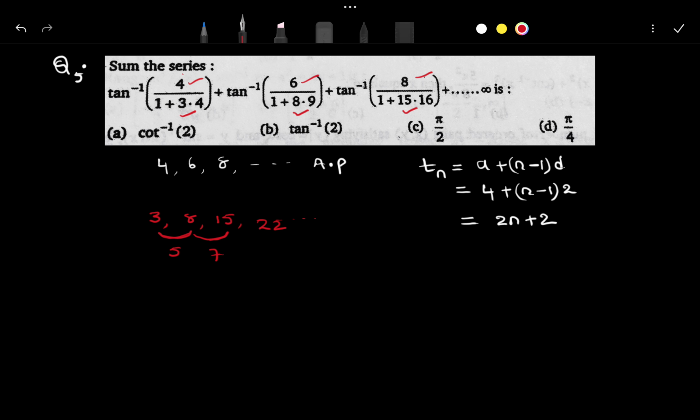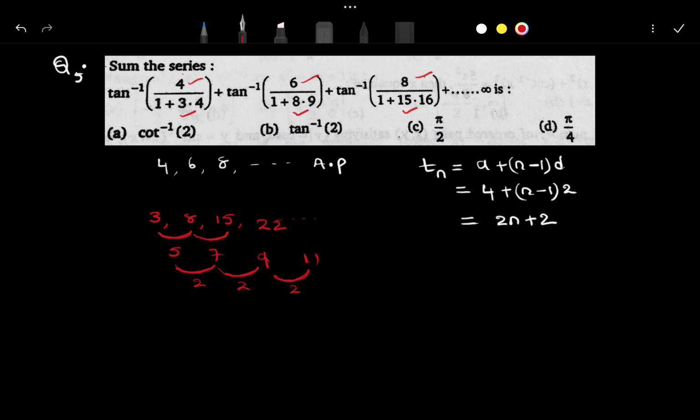Check this one: 15 plus 7 is 22, and the differences themselves have a common difference of 2. So the next difference is 9, then the next is 11.